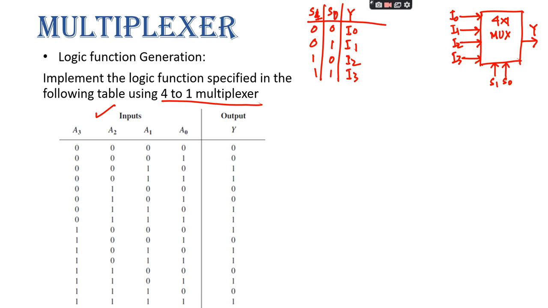Okay. So now here I have 4 inputs. So among these 4 inputs, if I consider A3 to be my S1 and A to be my S0, what will happen is that up to this part, you can see S1 is 0 and S0 is 0, right?